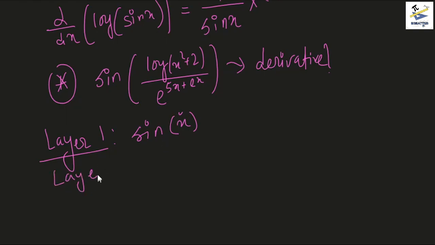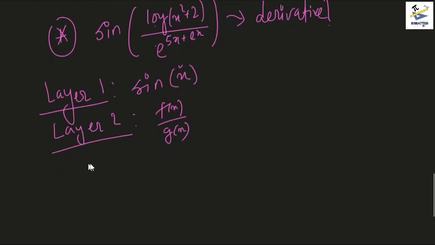Layer 2 is of the form f(x) by g(x), which we learned before. The derivative of two such functions can be evaluated how?